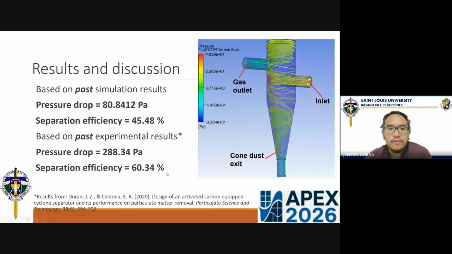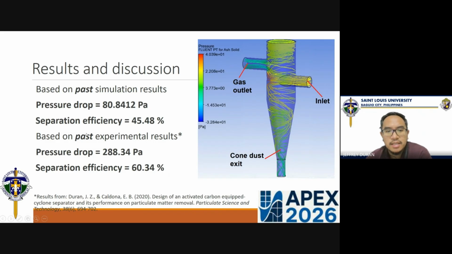Now, for the results and discussion, based on past simulation results, the pressure drop is around 80.8412. So take note, this is for the simulation results. The separation efficiency is taken at 45.48.